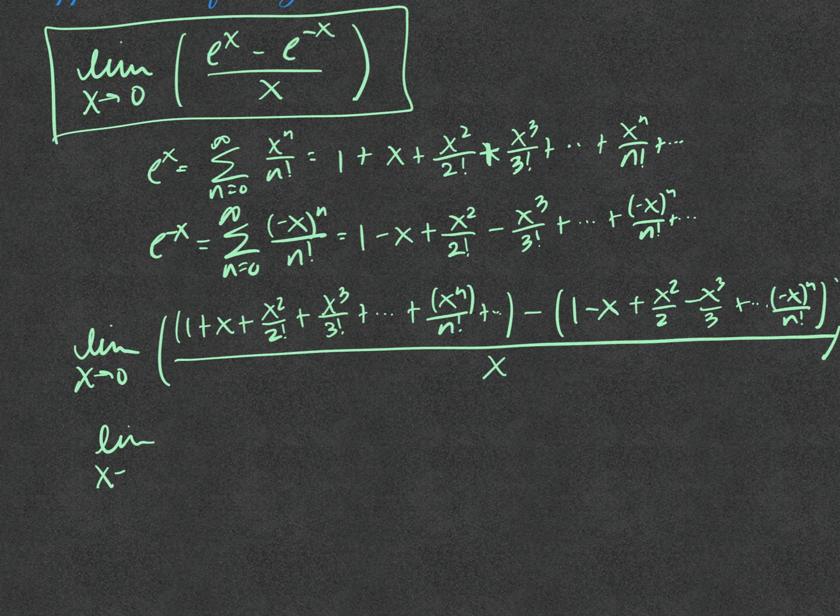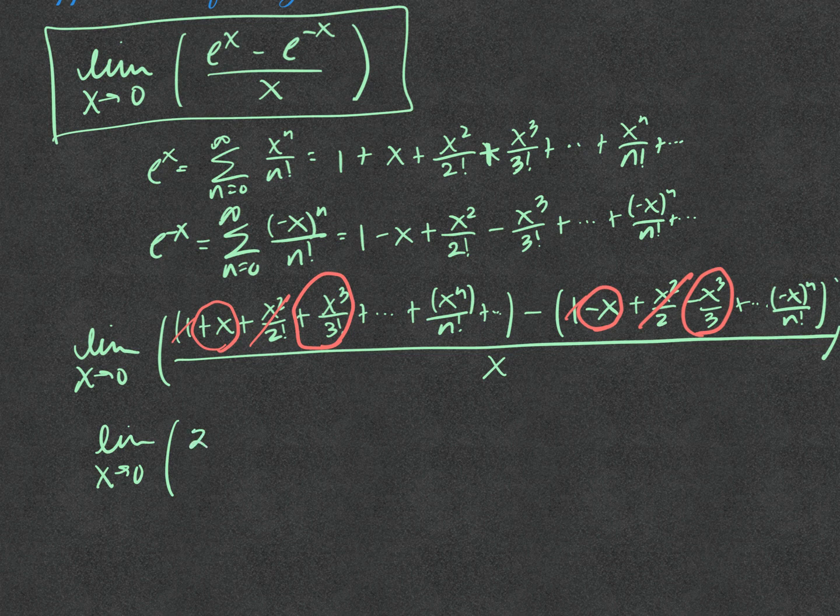So we're going to look at what this looks like and build our patterns. Here I have 1 minus 1, which is going to cancel. And this one becomes x minus a negative x. It's actually going to double. And x squared over 2 minus x squared over 2 is going to cancel. And this x to the third minus x to the third is going to double. So let's start building that pattern.